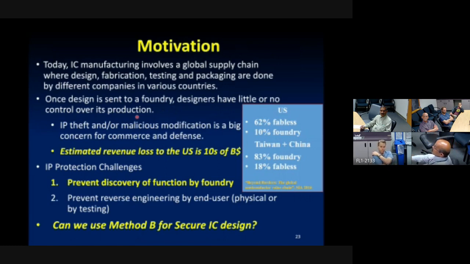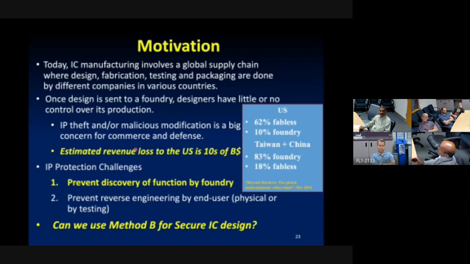And this is a big problem, right? The estimated revenue loss from people stealing IP is in the billions of dollars, because I sent them the IP to manufacture. They can modify, adapt, or reuse it, and that's problematic as well.